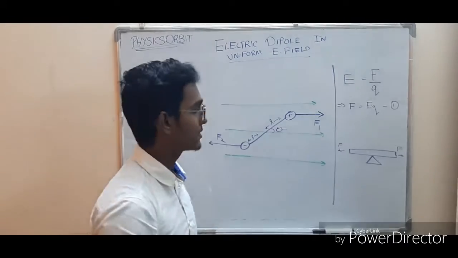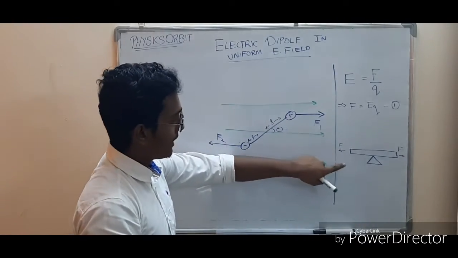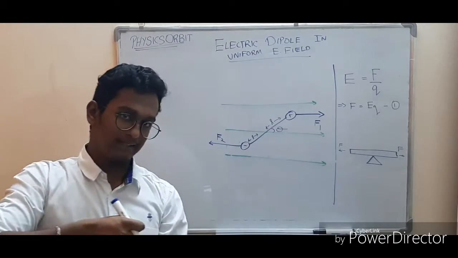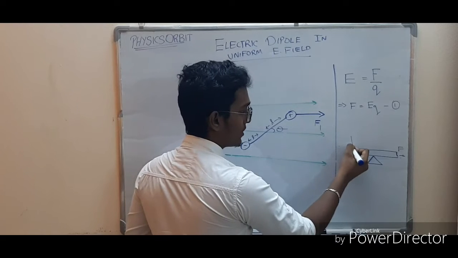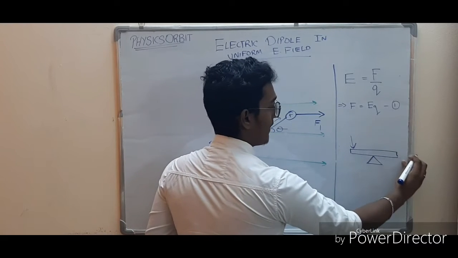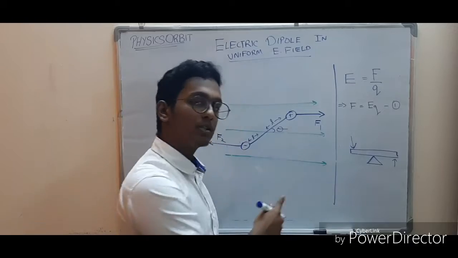You can consider it to be a seesaw. If you give a force in a direction like this, there's going to be no effect. But if you apply a force like this and another one like this, now it's going to move.